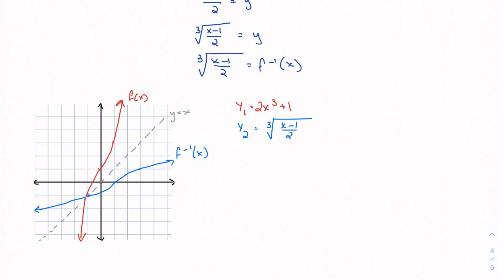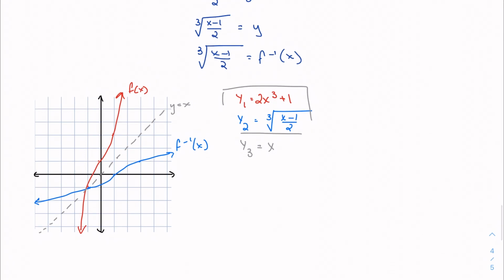If you want, you can enter y equals x, but sometimes you can see this fine from just y1 and y2. You can see that there is a symmetry here: y equals x acts as a sort of mirror, connecting, say, these 2 points together. There's a reflection.